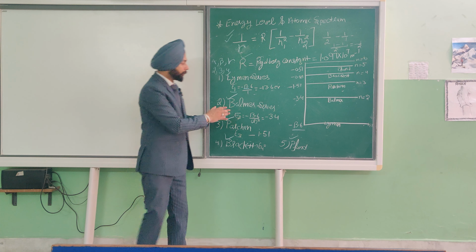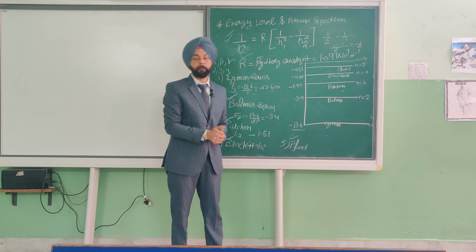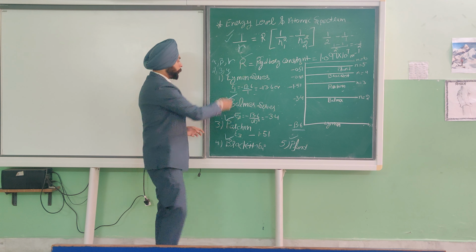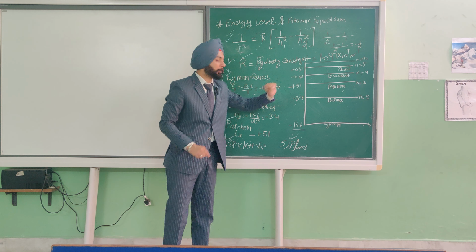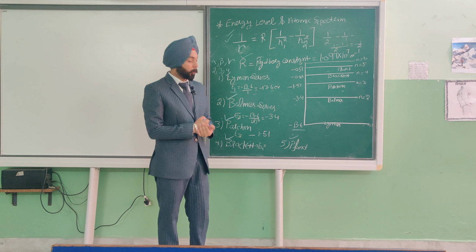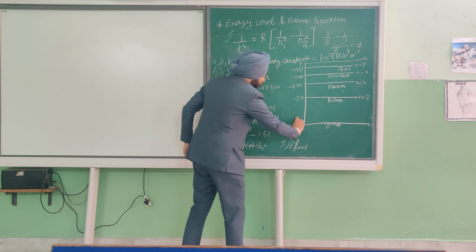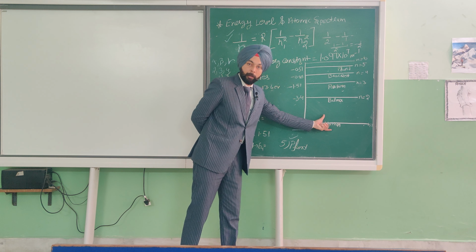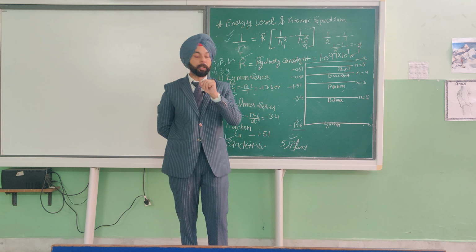Firstly we will focus on this graph, and by this concept see which one is the Lyman series, which one is the Balmer series, and which are the Paschen, Brackett and Pfund series. When n is equal to 1, the ground level, this series is the Lyman series.